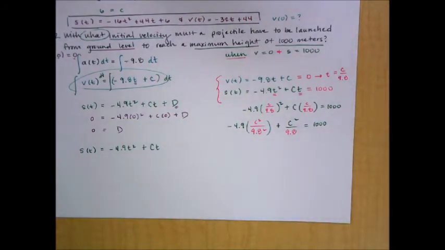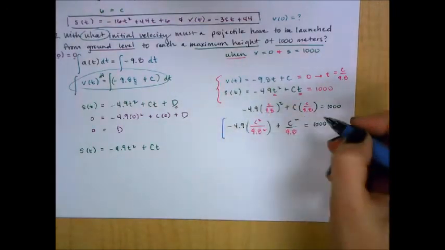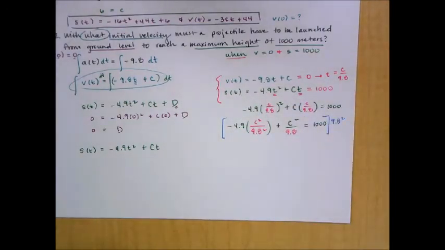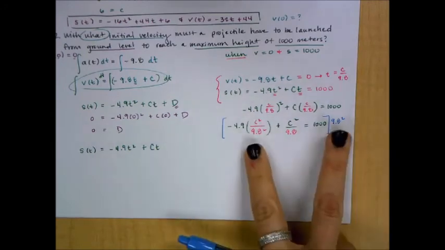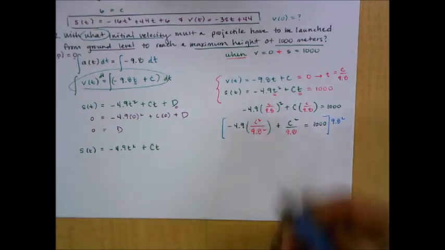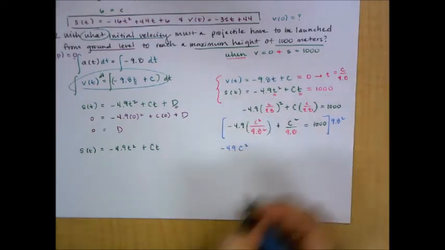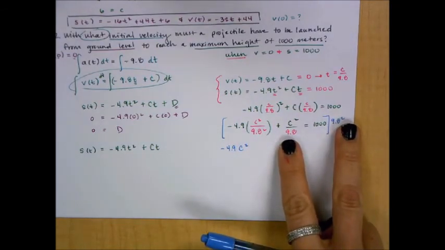So I'm going to multiply through everywhere by 9.8 squared. I'm just avoiding having to use my calculator too much by doing this. So if I distribute that to this first term, the 9.8 squared will reduce, and you're left with negative 4.9 c squared. Distributing to the second term, you reduce 1 with the top and the bottom. That leaves you with 9.8 times c squared.